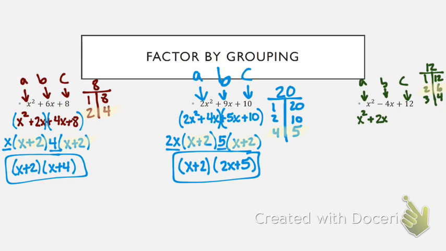Okay, so when you look right here, 2x minus 6x have to add to negative 4. So if you're breaking this up and it doesn't add to negative 4, stop and pick different factors.